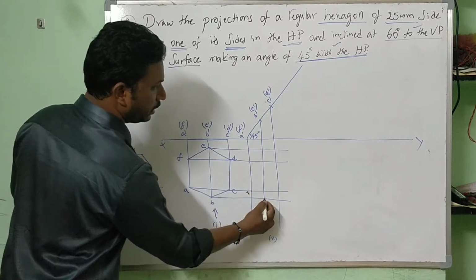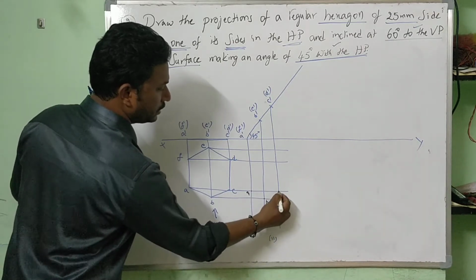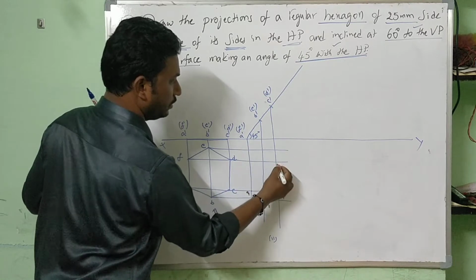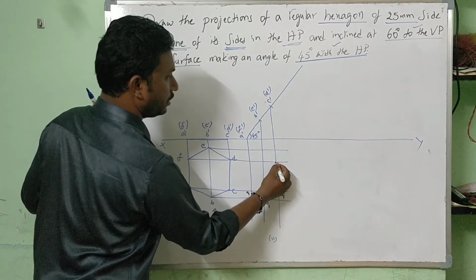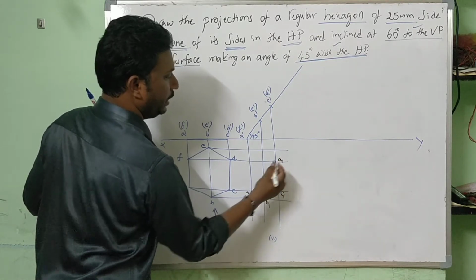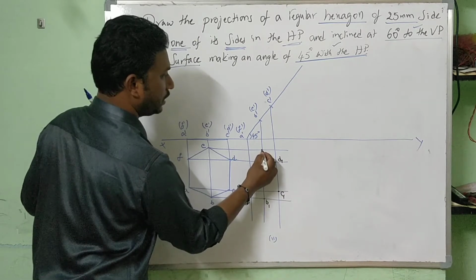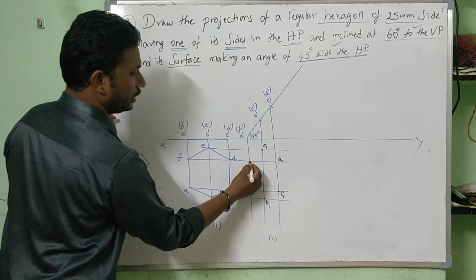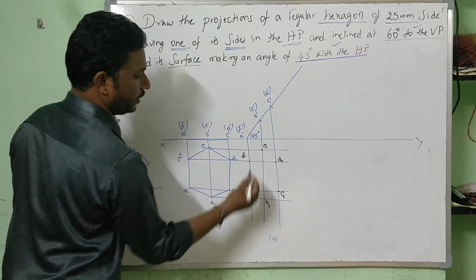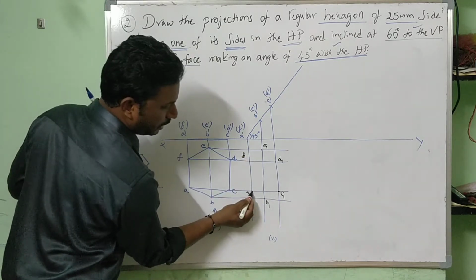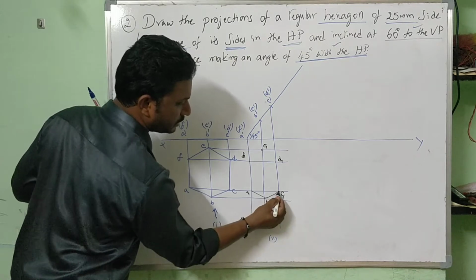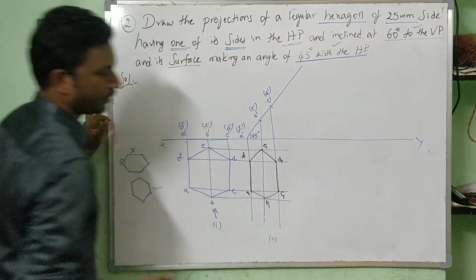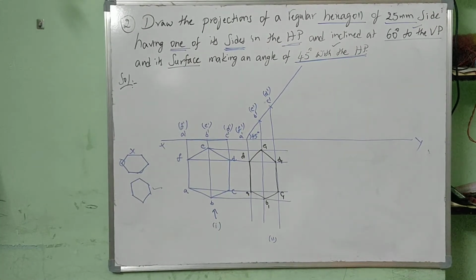B horizontal, B dash, B1, C horizontal, C dash vertical, C1, D horizontal, D dash vertical, D1, E horizontal, E dash vertical, E1, F horizontal, F dash vertical, F1. Now if you observe, A1 B1, B1 C1, C1 D1, E1 F1, a diminished shape of the hexagon.